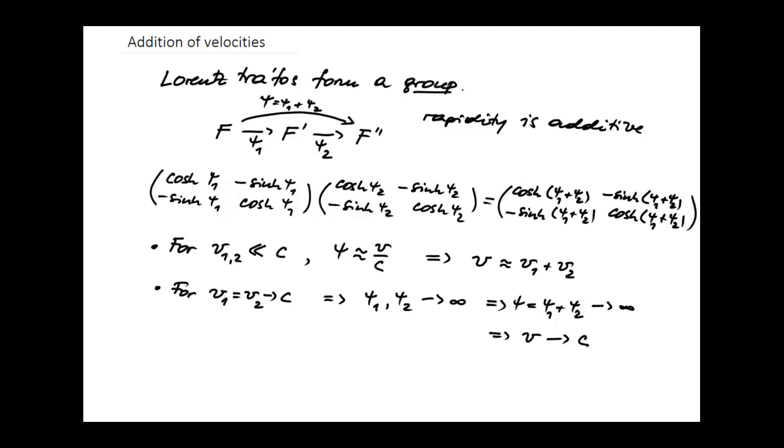And this rule makes sure that even as you approach the velocity of light, so one observer is moving relative to the other almost with the velocity of light, and relative to that observer there's yet another object almost with the velocity of light, still, in the first frame, this object appears to move at a velocity which never exceeds the velocity of light. And that's thanks to the relationship between rapidity and ordinary velocity.